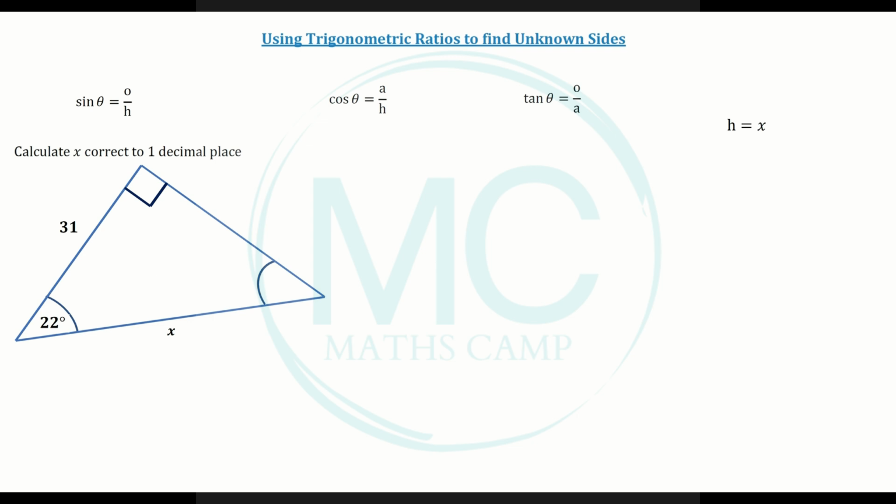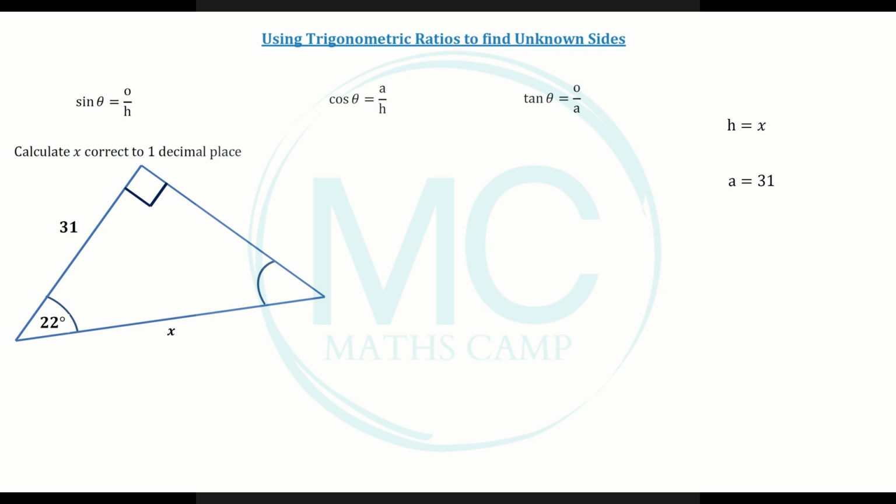There is no value for the opposite side, so let's find the adjacent side. We have just found that this is our hypotenuse, which means that this must be our adjacent side because it is next to our angle. Let's make a note of this as well, and we say A is equal to 31 units.